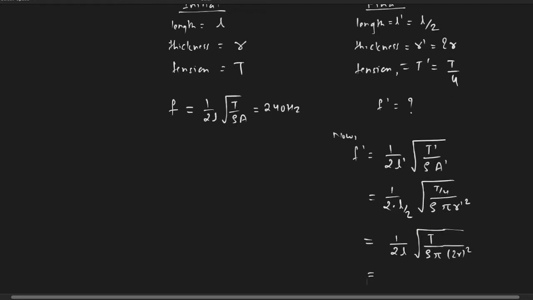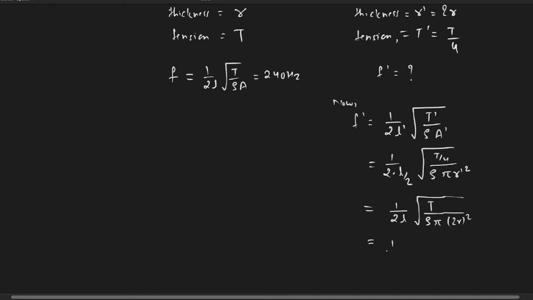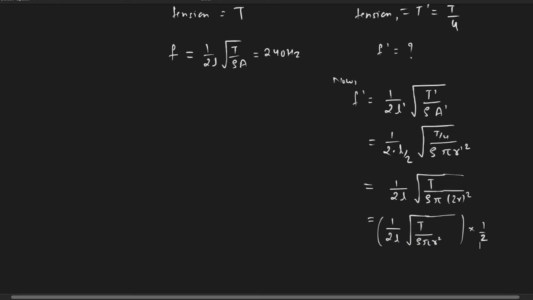Finally, this becomes 1 by 2l root T by density into initial area into 1 by 2, and the value of the term in the bracket is given here.